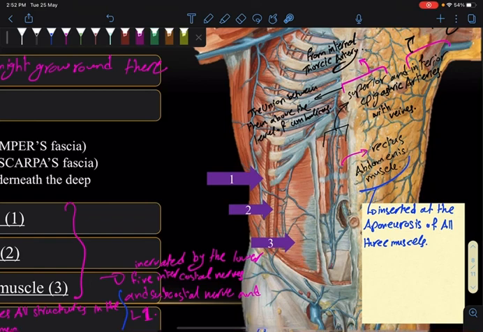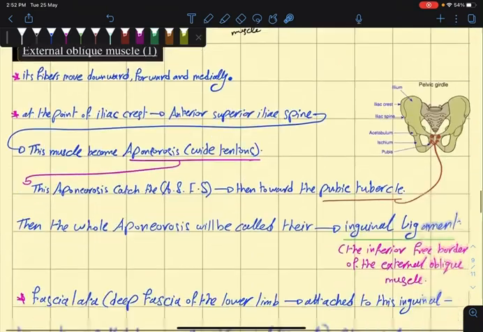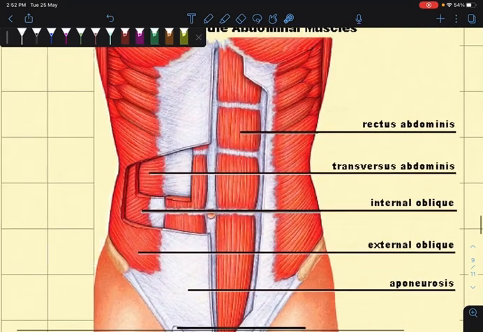They always give us an aponeurosis here. Wait a second: the external, internal, and transversus all give us an aponeurosis at the midline of the body.